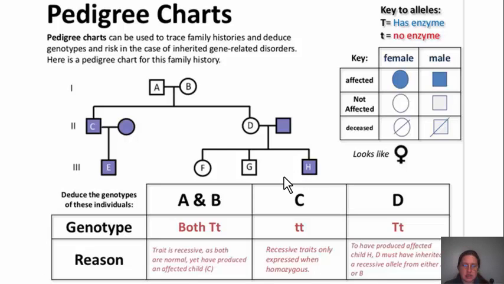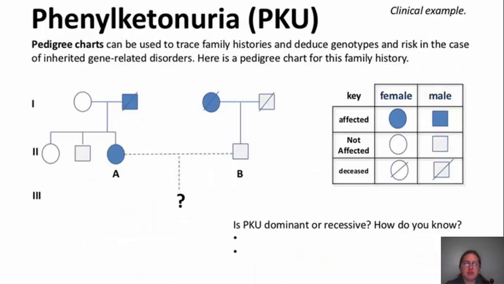All right. So here's an example using an actual disease. This is a clinical example. So you can use pedigree charts to trace family histories like we just said. This is a pedigree for a disease called Phenylketonuria, or PKU. So you have two sets of families in this case, parents A and parents B, and then their parents with them as well.